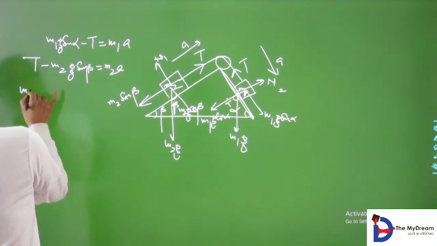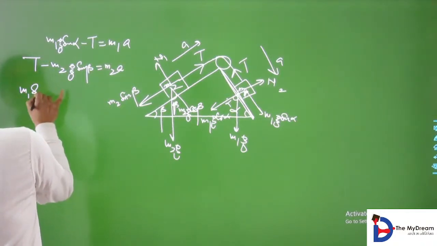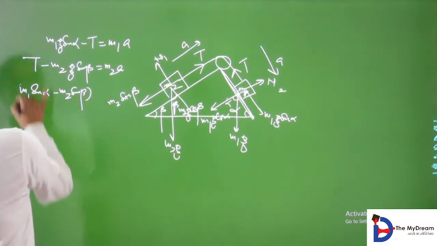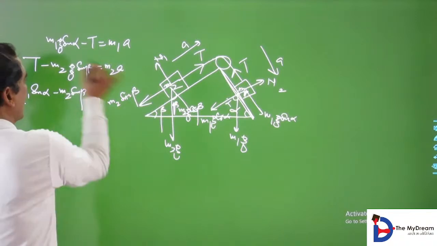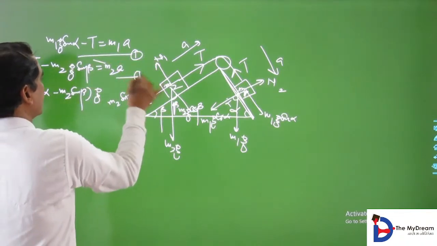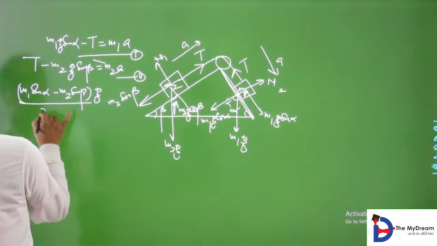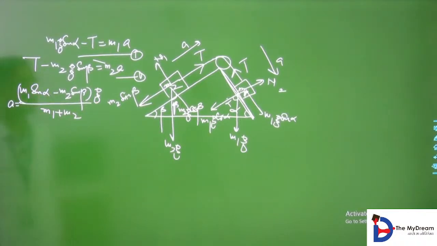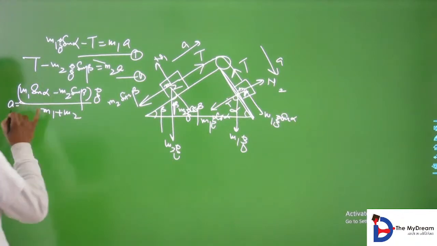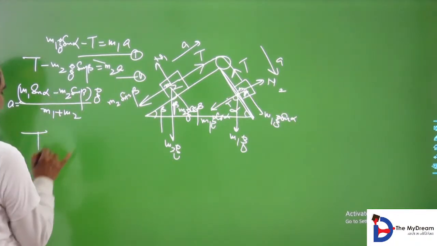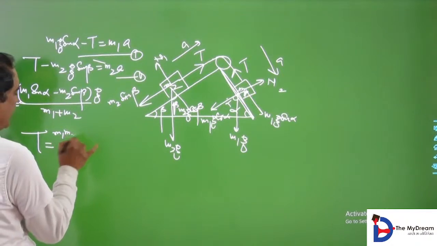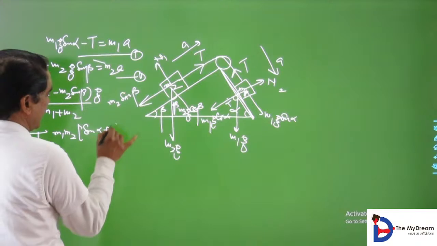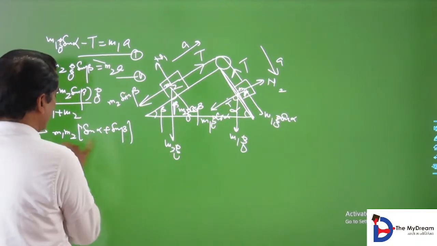So (m1 sin alpha minus m2 sin beta) into g, on adding first and second, you will get (m1 plus m2) which is equal to a. Now put the value of a in equation second, then you will get m1 m2 (sin alpha plus sin beta) g divided by (m1 plus m2) is equal to T.